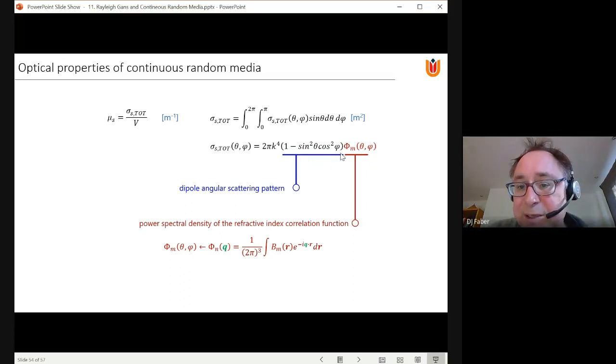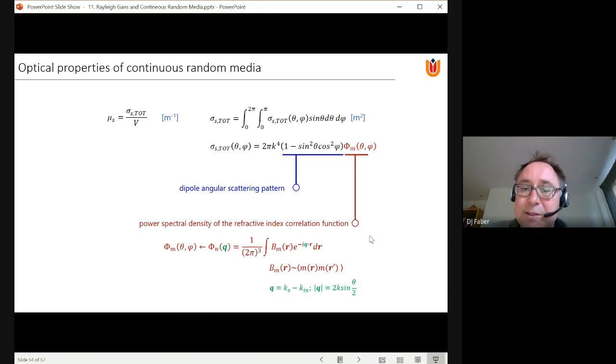So we have the dipole scattering pattern that depends on theta and phi, and this correlation function that also has theta and phi components. Again, B is the correlation function of the refractive index, and Q is the scattering factor.